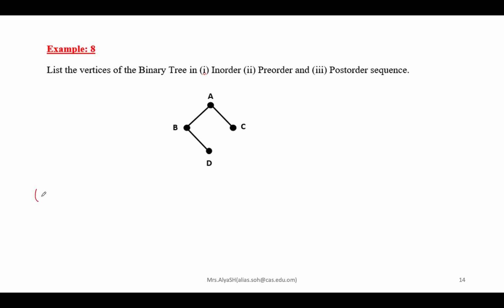For the in order, all we do is draw a flag under each vertex. So here we got a flag.